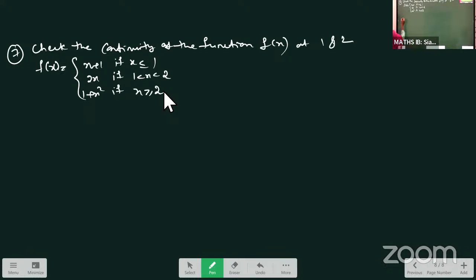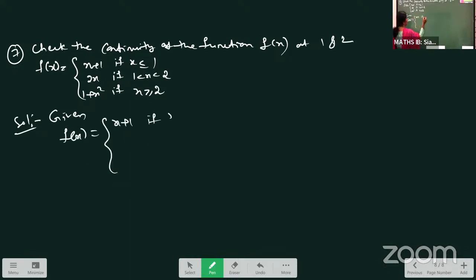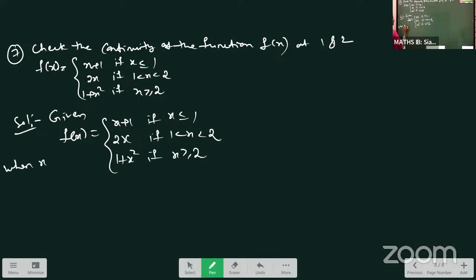He is asking to check the continuity at 1 and 2. So, given f of x, first we'll check when x is equal to 1.